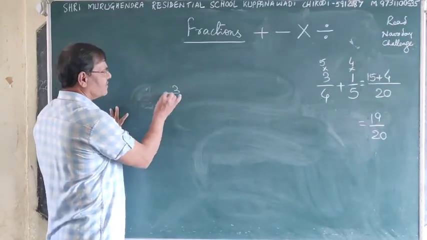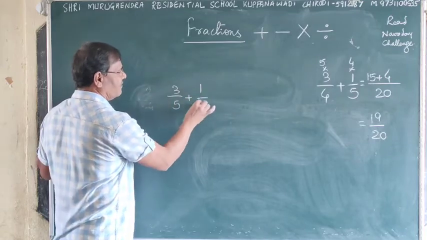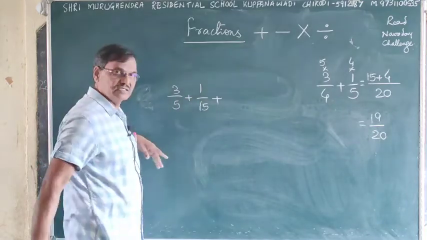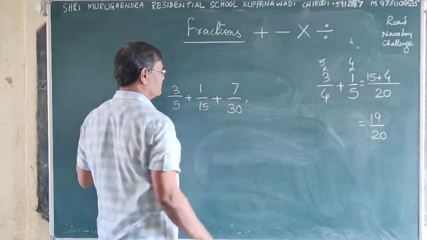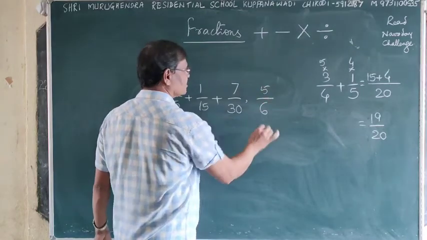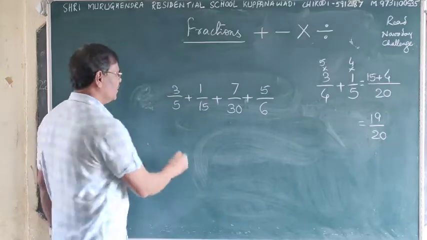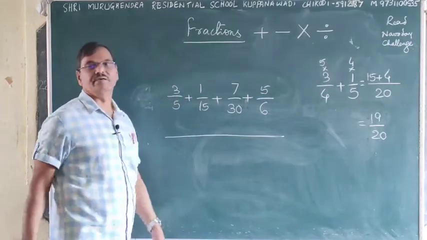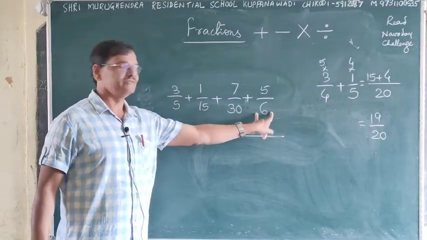If 3 by 5 plus 1 by 15 plus 7 by 30 plus 5 by 6 is given, then here also you need to take the LCM. See 5, 15, 30, 6.